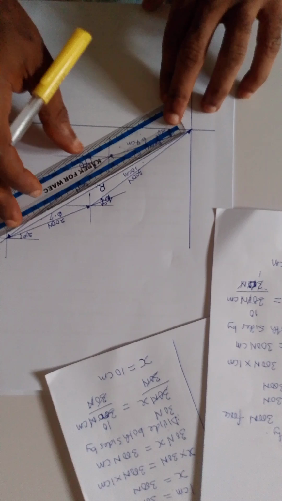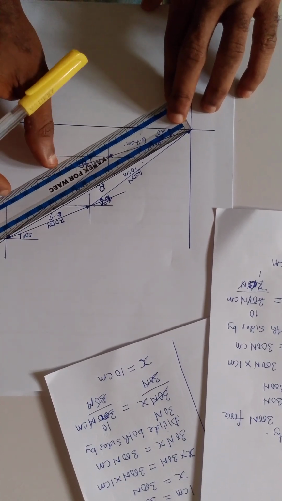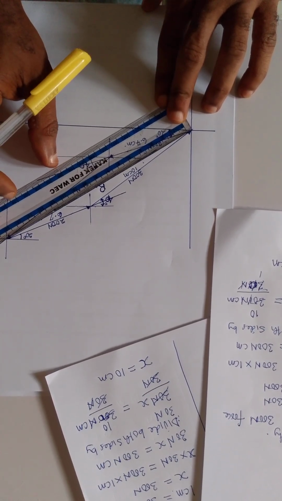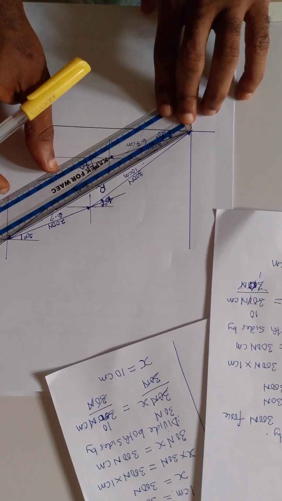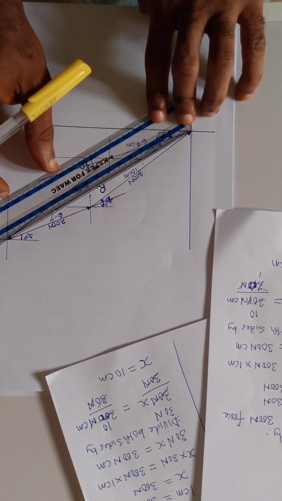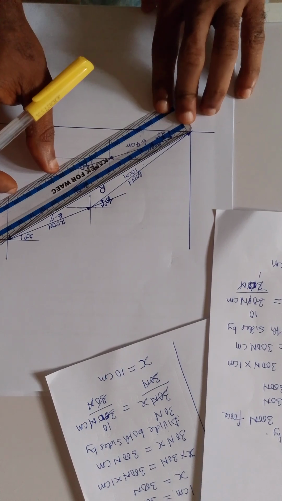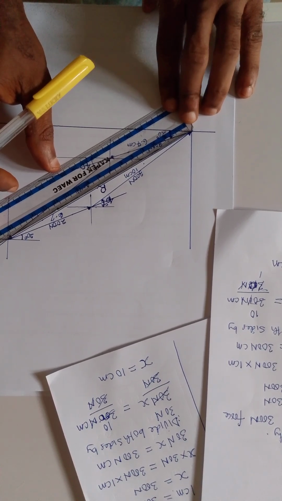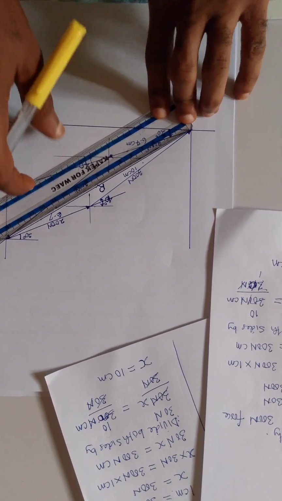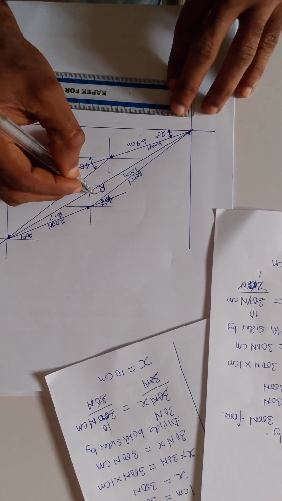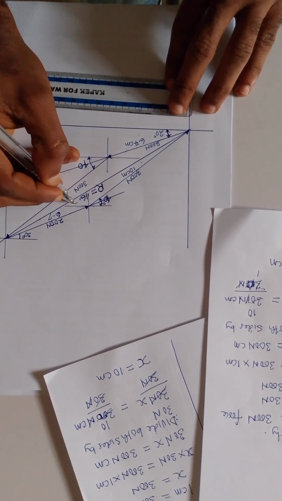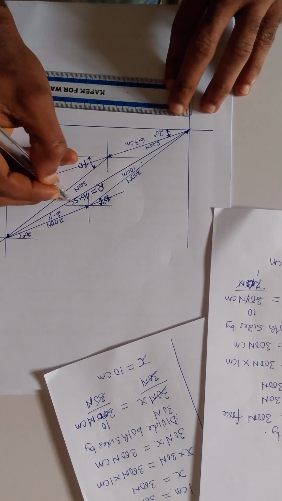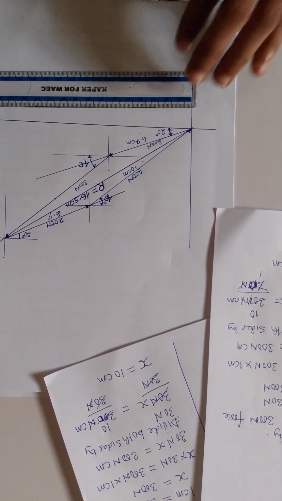I have to measure the value of my resultant in cm so that I can now convert it to Newton. So my value of resultant in cm is equal to 16.5 cm.